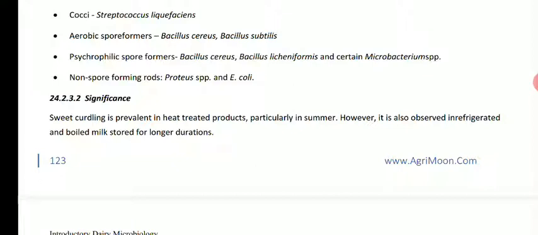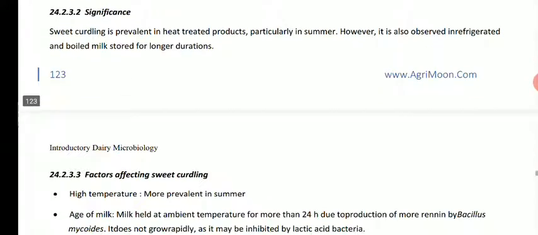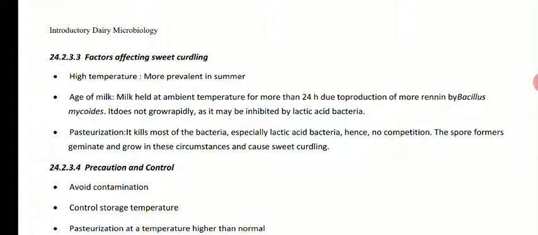So, what is the significance of sweet curdling? Sweet curdling is prevalent in heat treated products, particularly in summer. However, it is also observed in refrigerated and boiled milk stored for longer duration. Factors affecting sweet curdling: high temperature, which is more prevalent in summer, age of milk, and pasteurization.